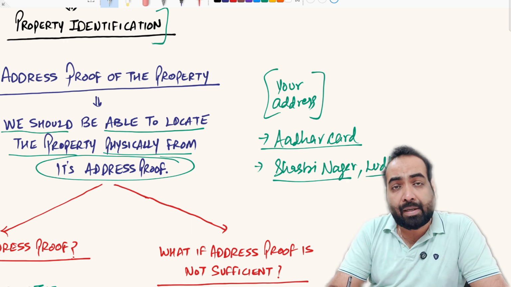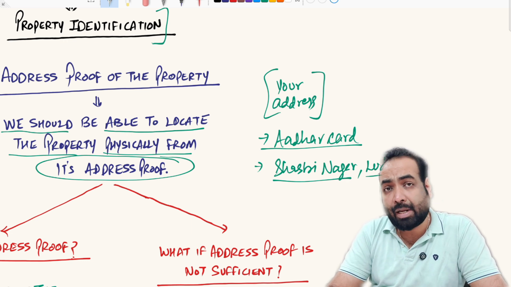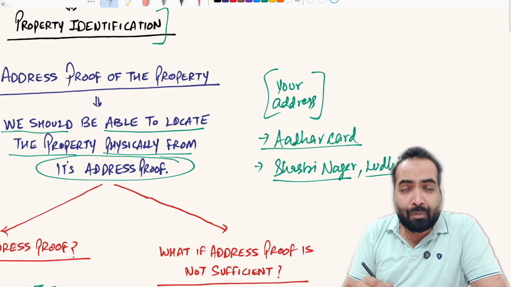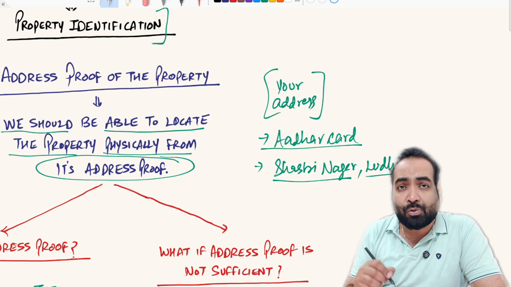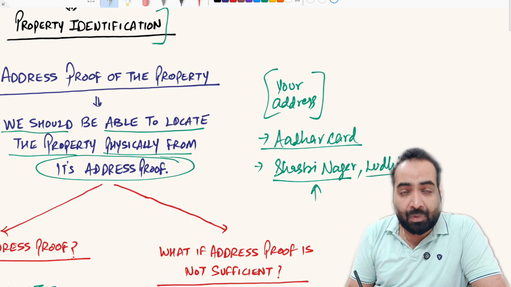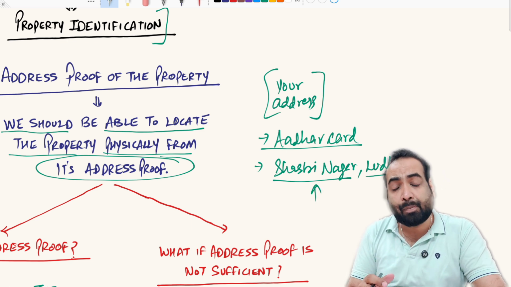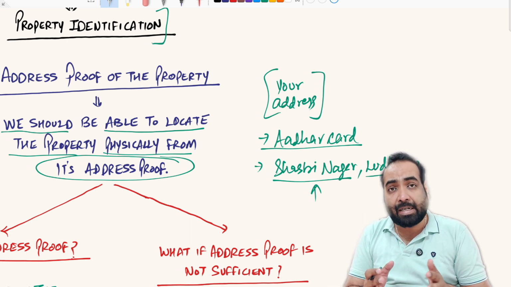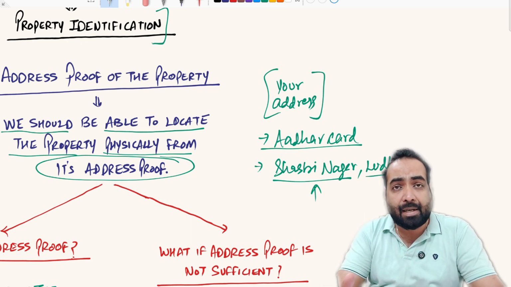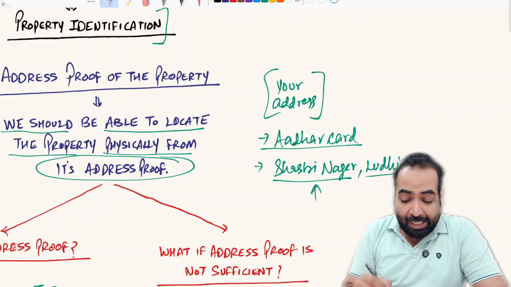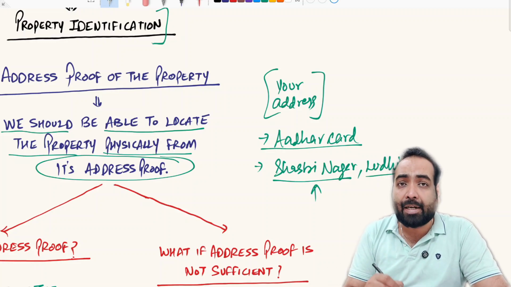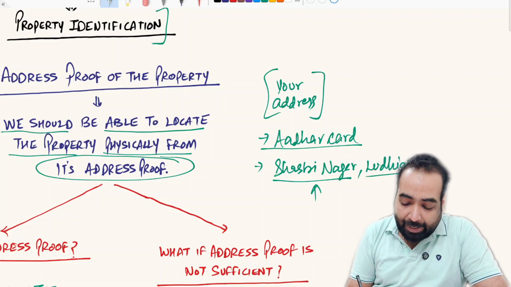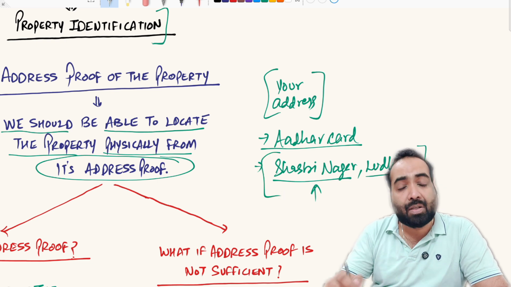Now if a postman needs to deliver you a letter or parcel, how will he locate where you actually live in Shastri Nagar? The Shastri Nagar area could be so large. It may have different streets, different areas, different landmarks. So he will not be able to locate your house from reading your Aadhaar card only, right?